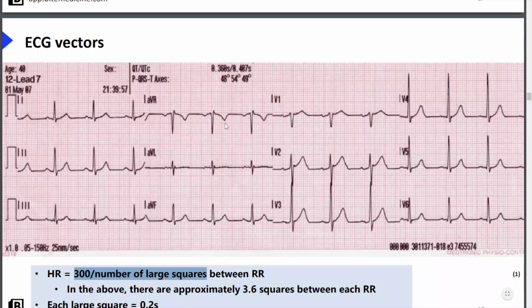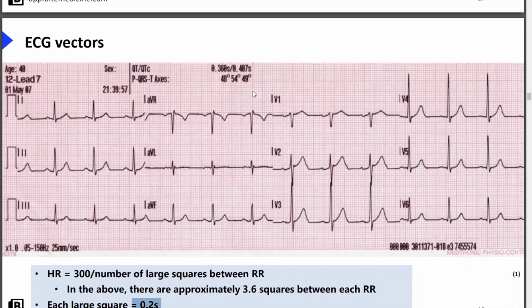Going back to even further basics, if you can't remember that formula, each little box on the ECG represents 0.04 seconds. A big box contains 5 small boxes. So a big box or a large square is the equivalent of 0.2 seconds.